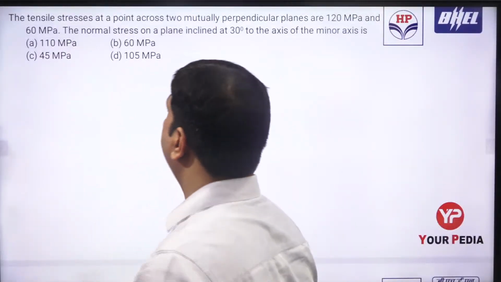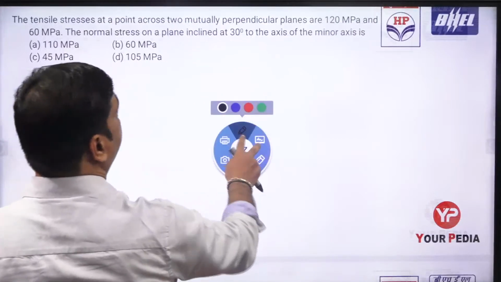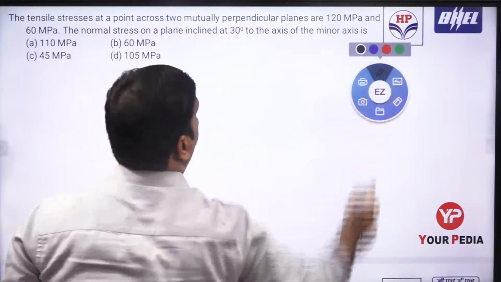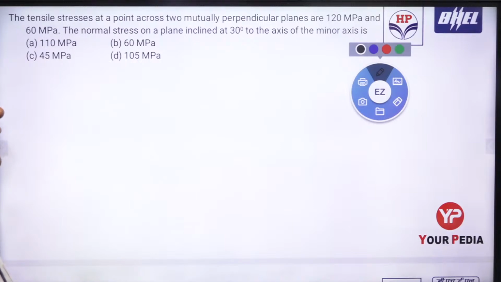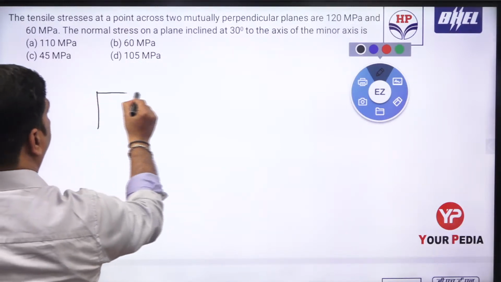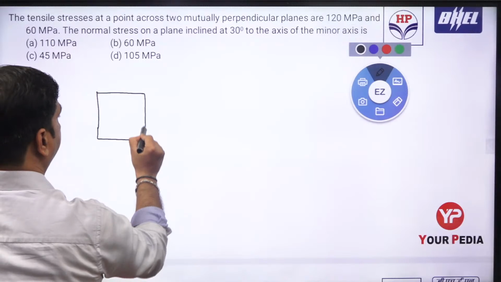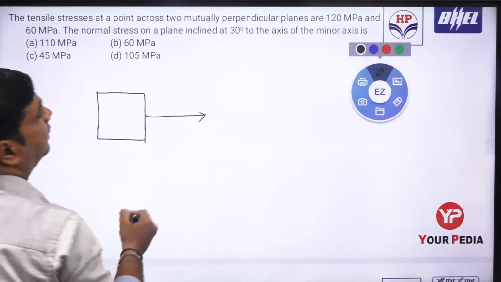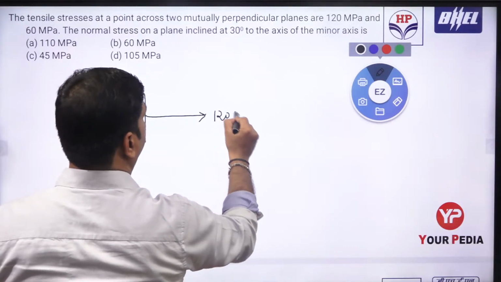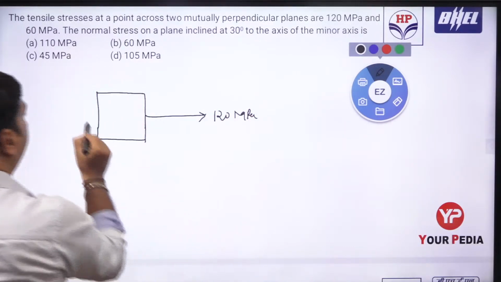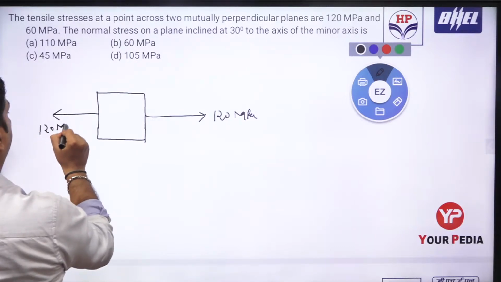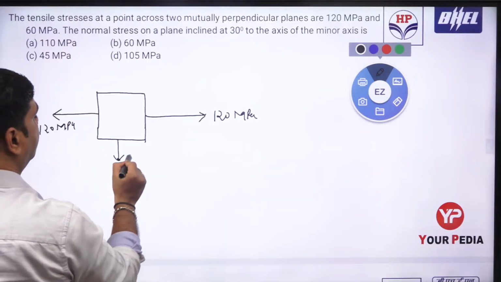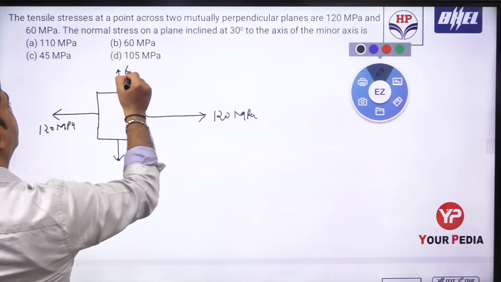So this question is asking: the tensile stresses at a point across two mutually perpendicular axes are 120 megapascal and 60 megapascal. Find the normal stress on a plane inclined at 30 degrees to the axis of the minor plane. So I'm talking about this one plane, which is subjected to 120 megapascal, and here also 120 megapascal, and this is 60 megapascal, 60 megapascal.